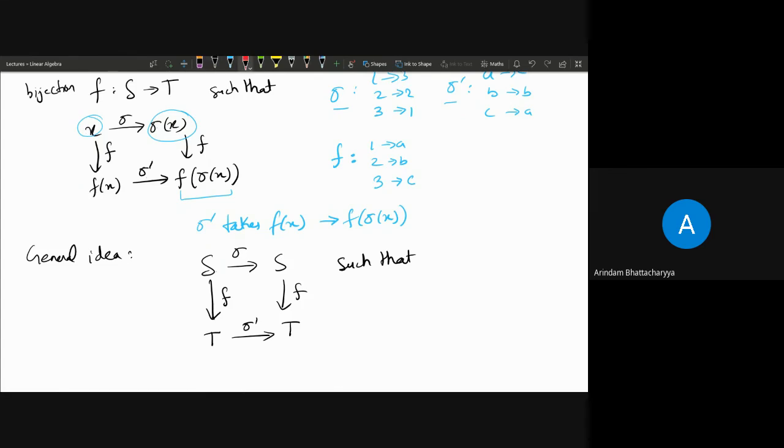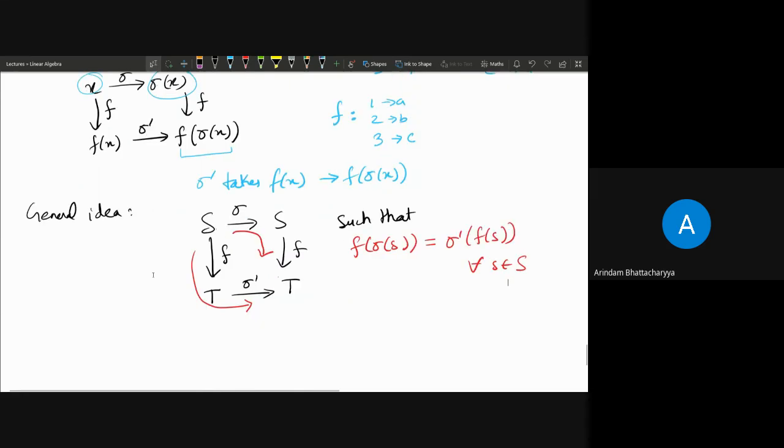There are two ways to go from S to T. One is this, and the other one is this. We want the two ways to lead to the same thing, so f of sigma of s is equal to sigma dash of f of s for all s in S. Does this make sense?